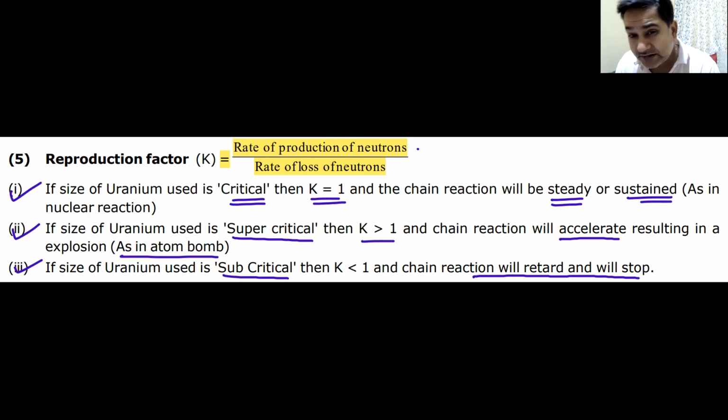If the size is critical, you will have a very good and safe nuclear reaction. That is what we need in a nuclear reactor, a safe nuclear reaction. Do you understand this now? If it is greater, it becomes an atom bomb. If it is less, the nuclear reaction will stop. It will be a failed experiment. Do we understand this?